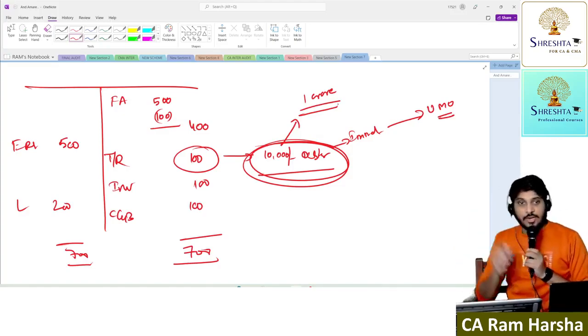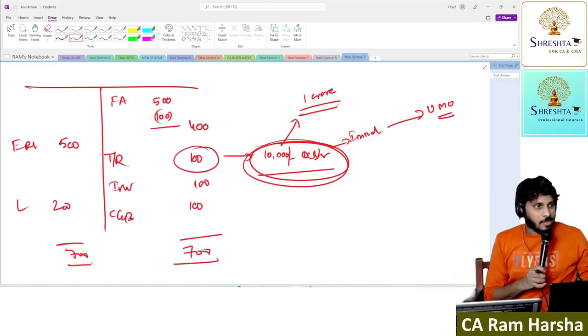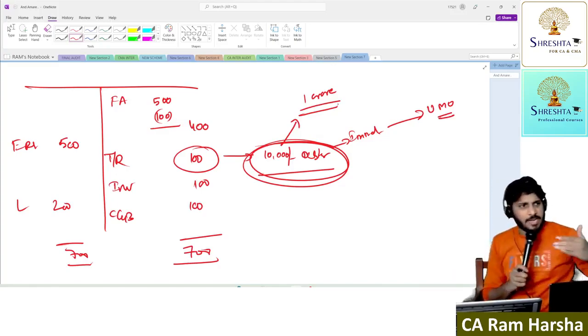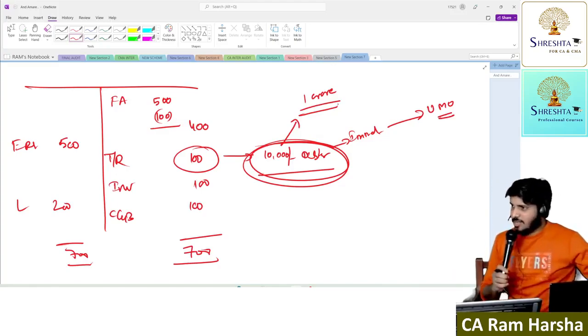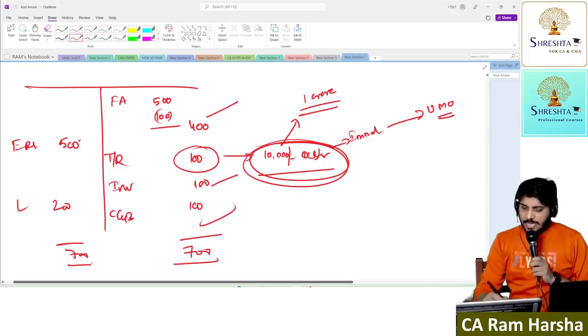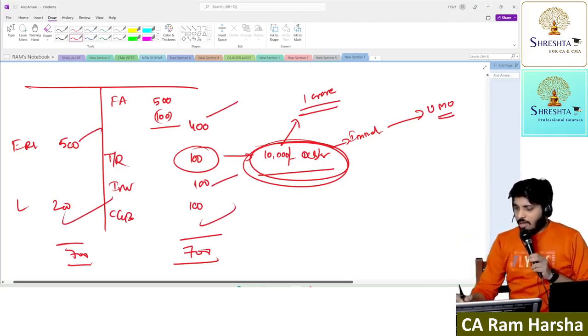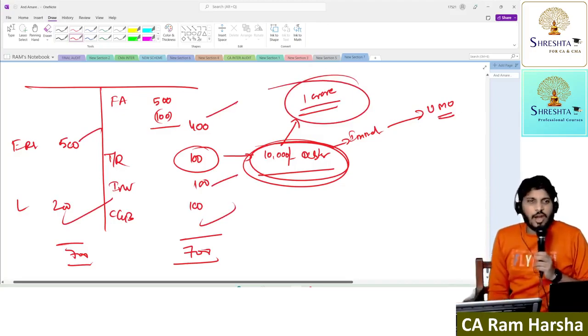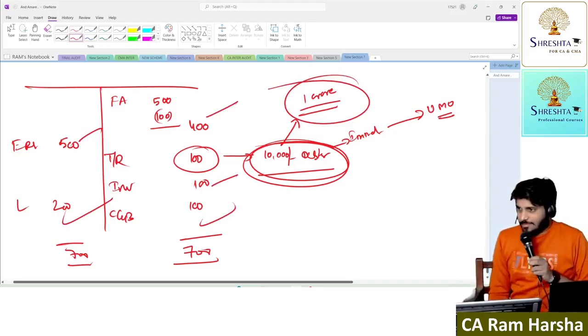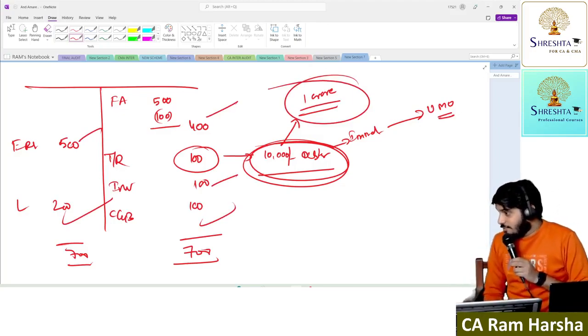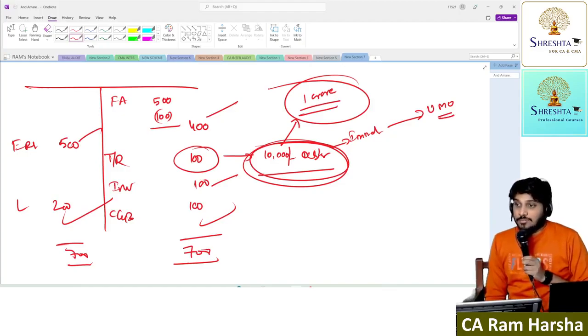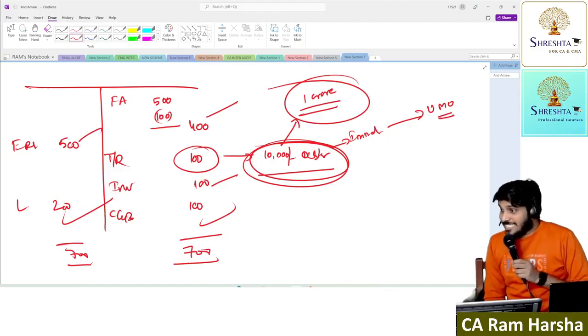Ultimately, for 1 crore worth of debtor, I don't have evidence. But for all the remaining balance sheet and P&L items, I have evidence, so I have an unmodified opinion on them. But on this 1 crore, I am not able to give unmodified. So which opinion will I give now? Qualified, disclaimer.